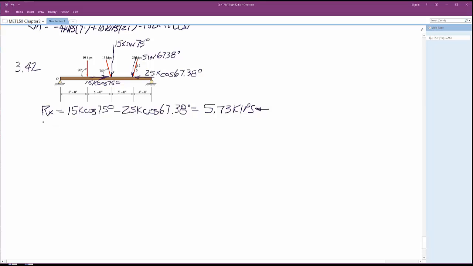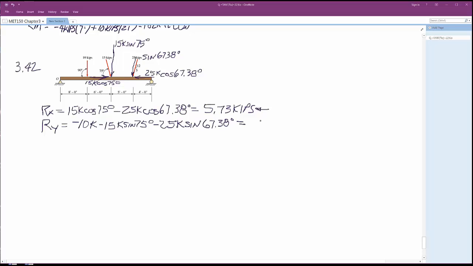Well, then we'll do a reaction relative to the y-axis. We've got negative 10 kips minus 15 kips sine of 75 minus 25 kips sine of 67.38 degrees.